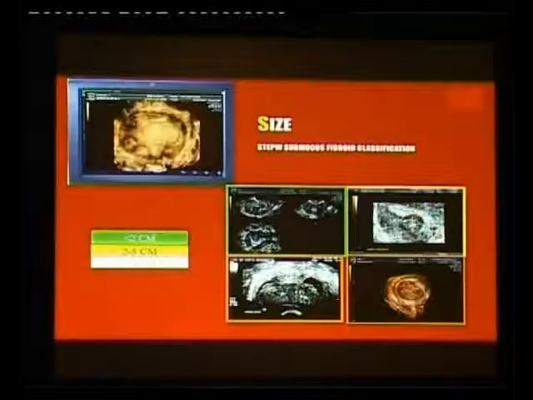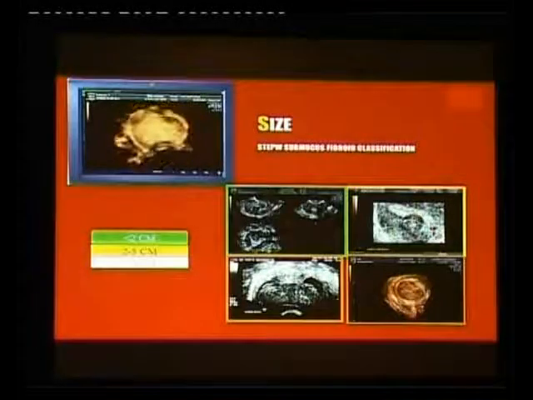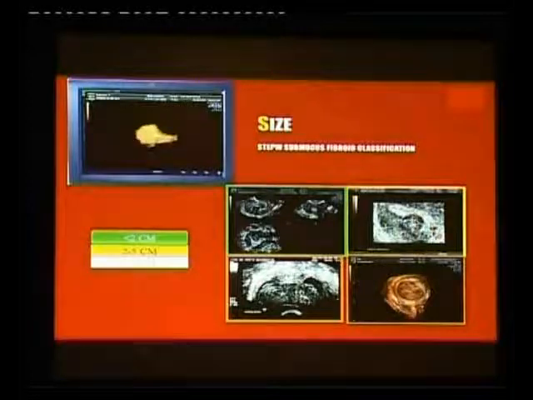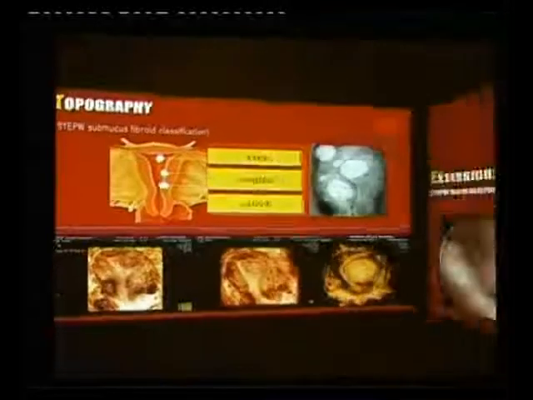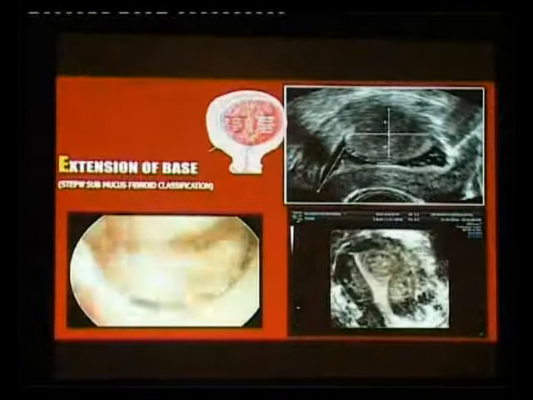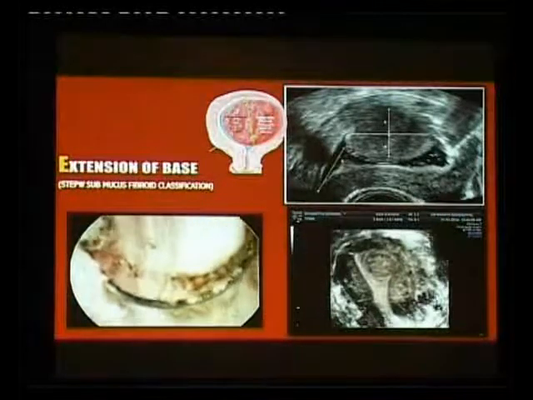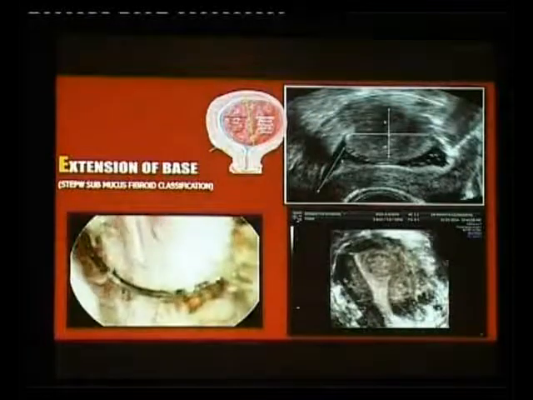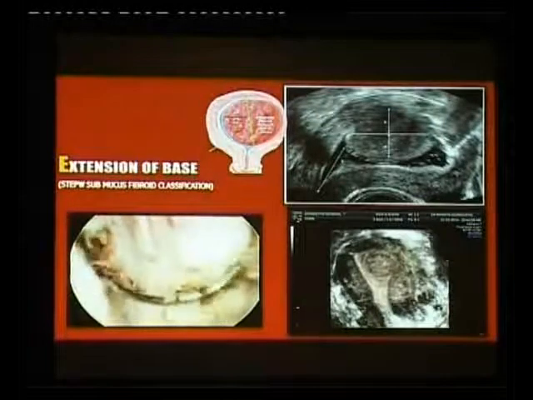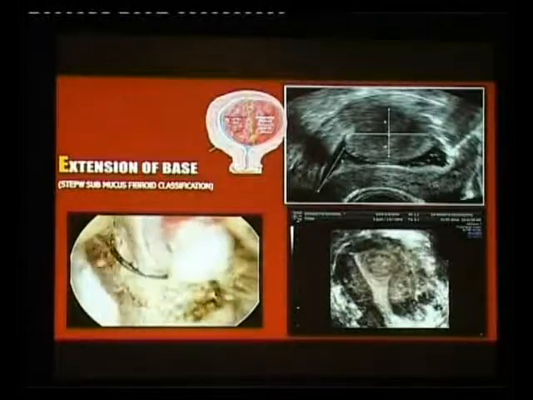I know I have 4 minutes, my dear chairpersons, and I'll complete it. So we look at the size based on 0, 1, and 2 scores, and we then look at the topography, whether it's in the upper, middle, or the lower zones. We then look at the extension of the base, how much the myoma has actually come into the base, and that's why we perform the saline infusion sonography, because this is extremely essential.